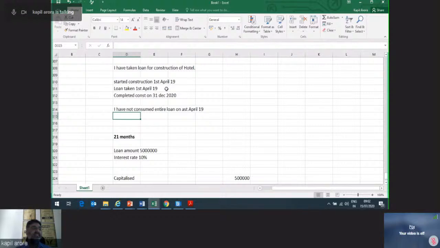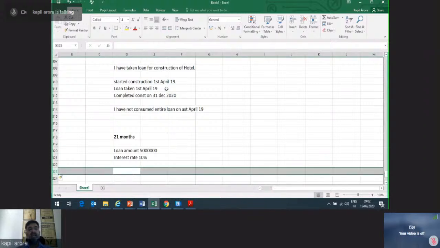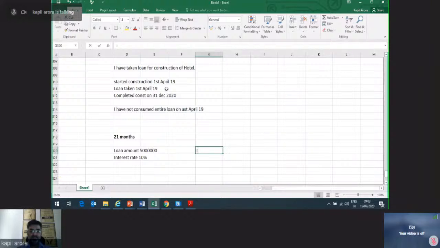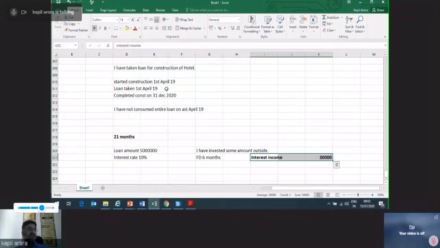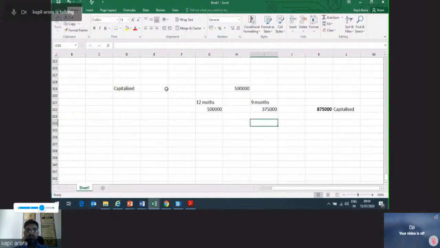So what does it mean? When the 50 lakh is not been used, I have invested this, which is giving me interest income of 30,000. If interest is getting capitalized, the interest income during that period should be deducted here, and my net value which will get capitalized is this. Is this okay with all?